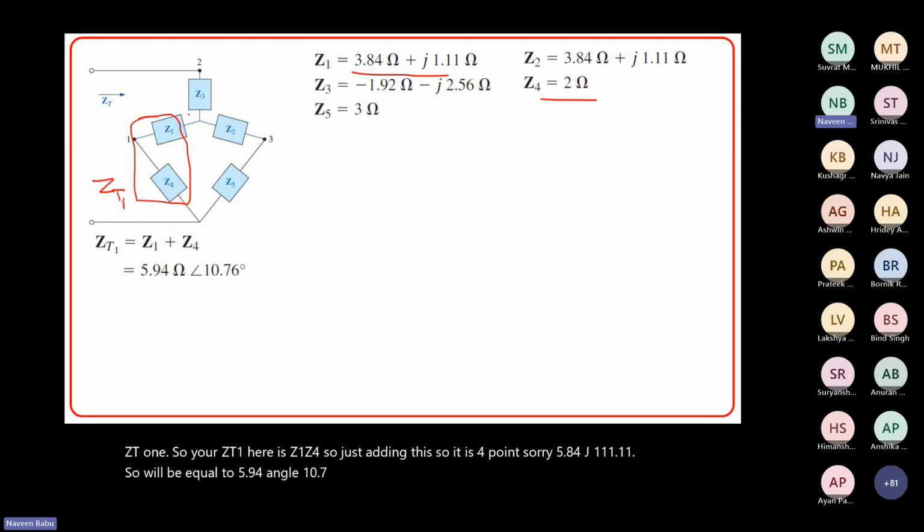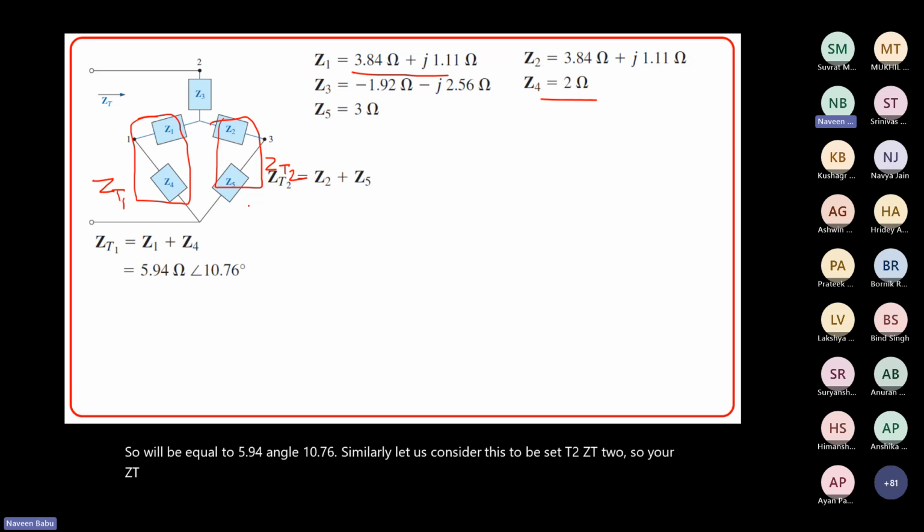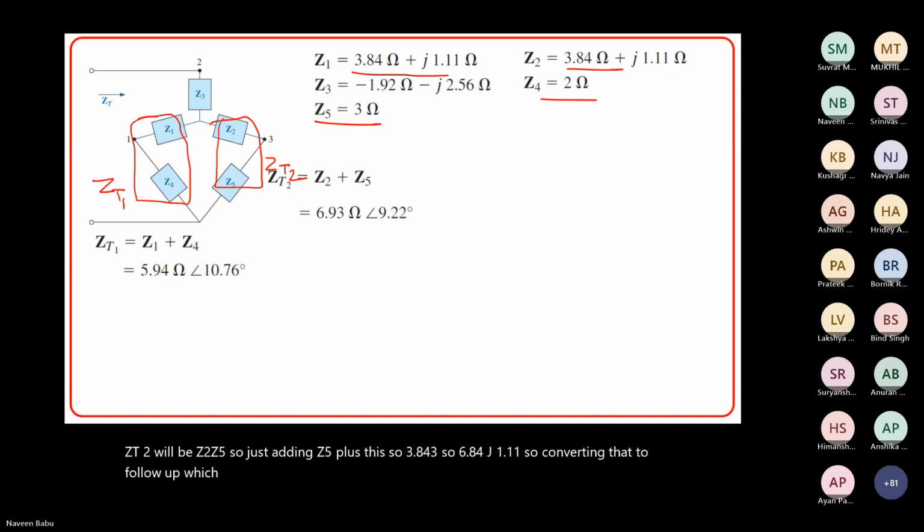Similarly, let us consider this to be ZT2. Your ZT2 will be Z2 plus Z5, so 3.84 plus 3, 6.84 plus J 1.11. Converting that to polar, it is 6.93 angle 9.22.